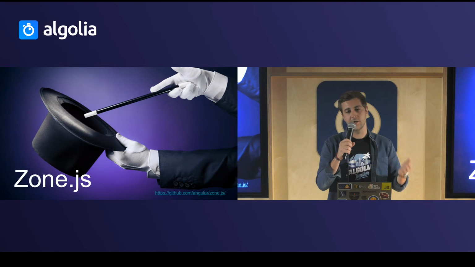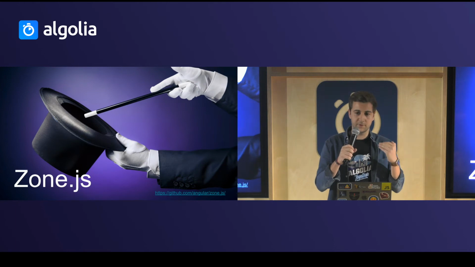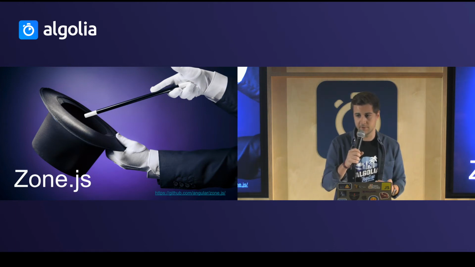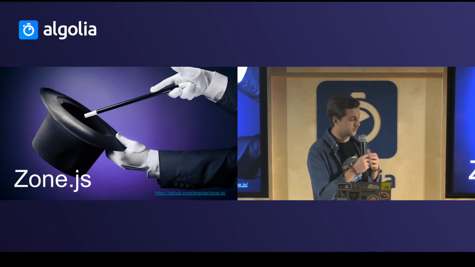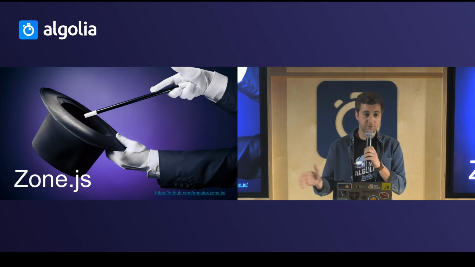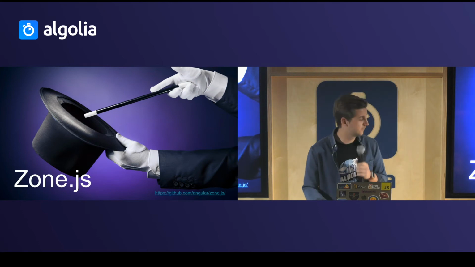That's how Angular knows that you are doing a request on the server side. So it waits for the request to be done before generating the HTML markup. This is because of Zone.js. So if you know more about Zone.js and you want to teach me, let's talk about it after.